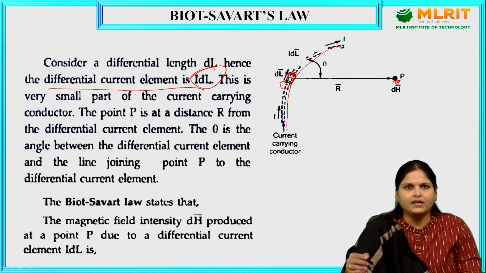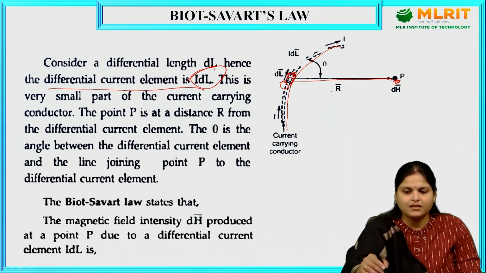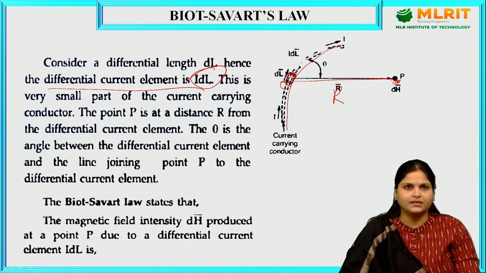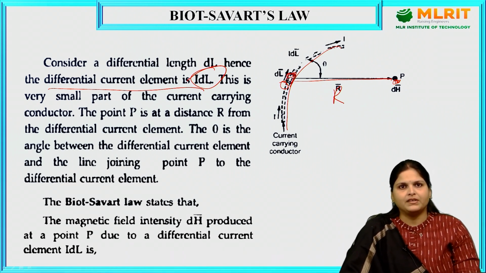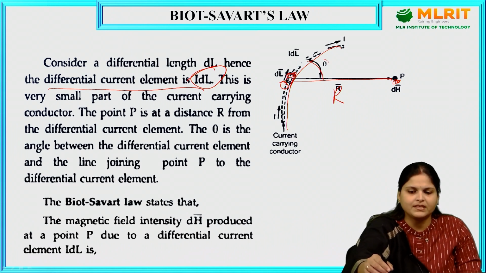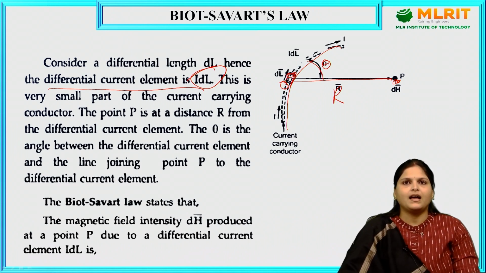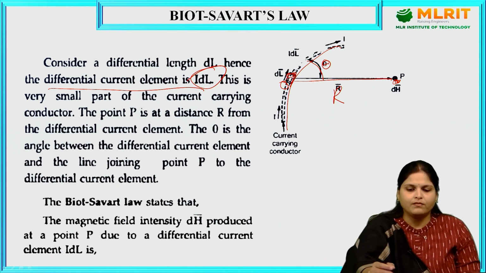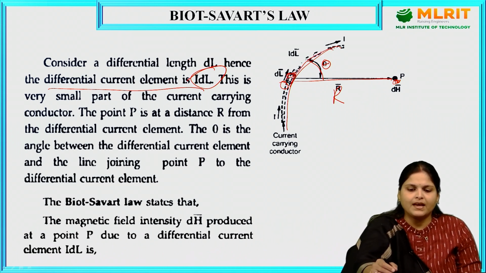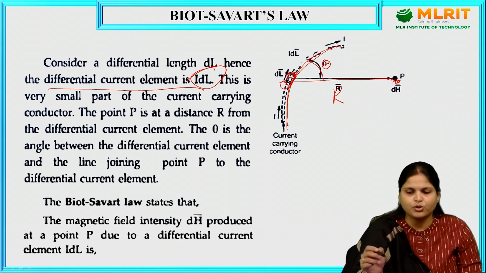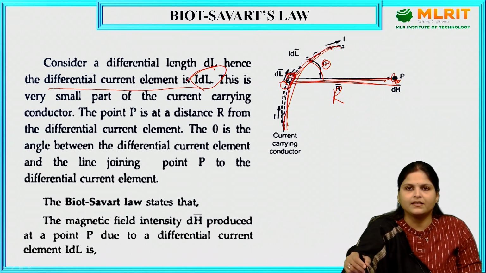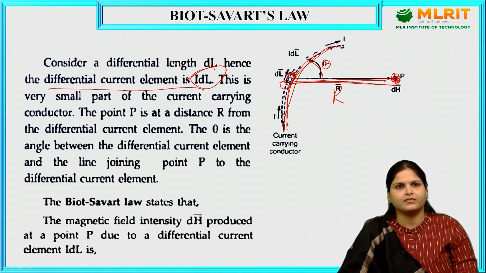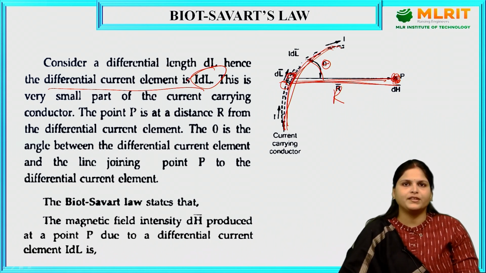This is point P, at a distance r from the current carrying conductor, and at this point P we are going to find the differential magnetic field intensity. Here you can see the angle theta, which is formed between the current carrying conductor and the line joining the element and this point P. So, this is the arrangement.